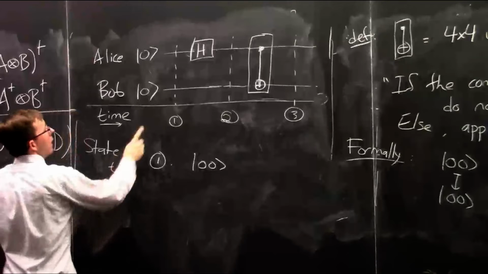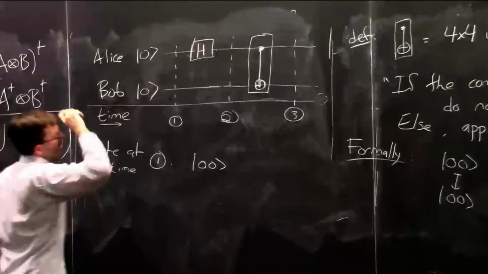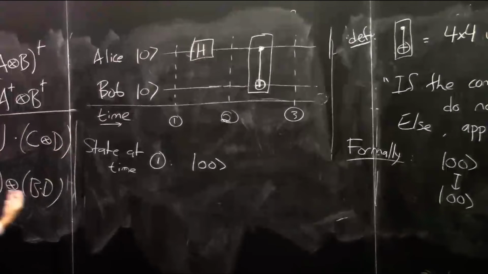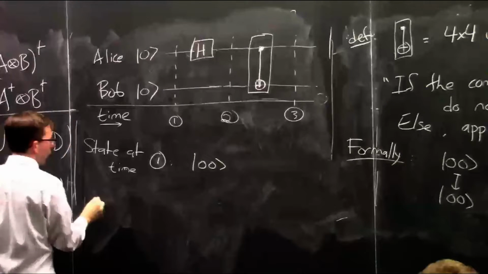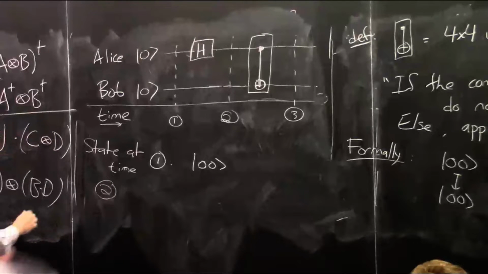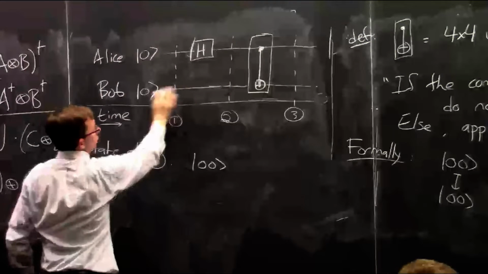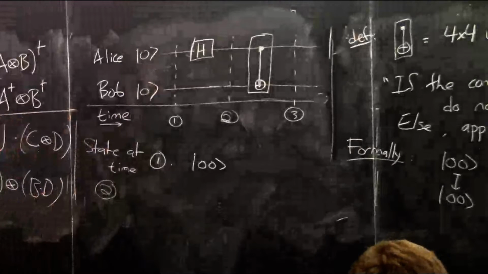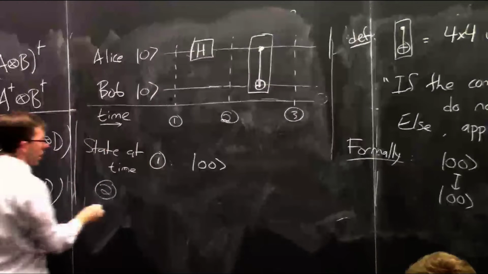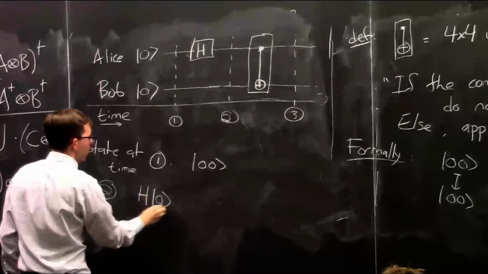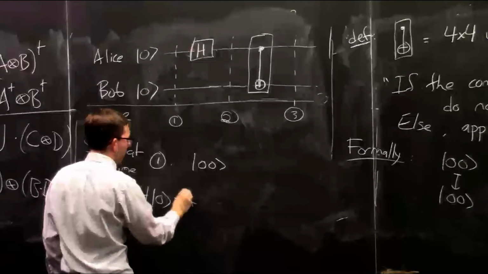And then Alice applies a Hadamard to her qubit. Actually, we didn't quite talk about this, but we can still understand what it'll be. At time 2, you can pretend Bob is not even in the picture yet. Alice has applied a Hadamard to a qubit in state 0. Hadamard, if you apply it to 0, gives you plus.